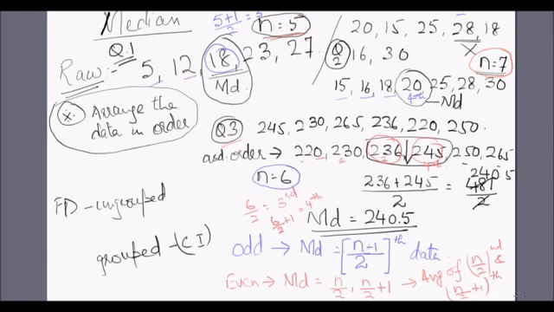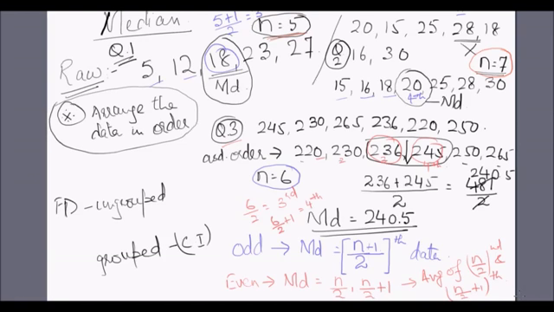Unlike the mean, here for the raw data you need to remember certain things. First is that the data should be arranged in an order, and second, that the treatment for an even number of data and an odd number of data are different.